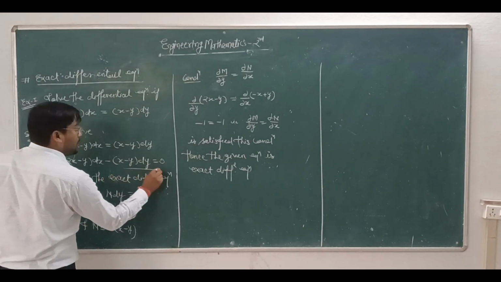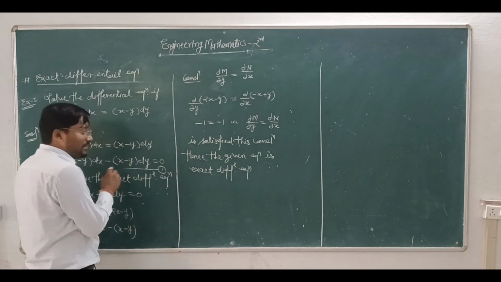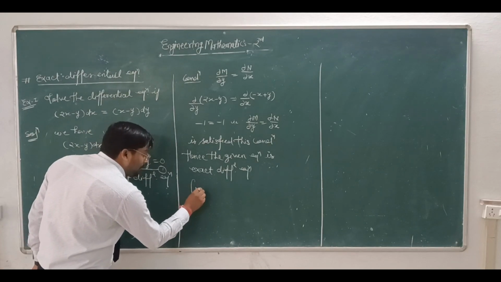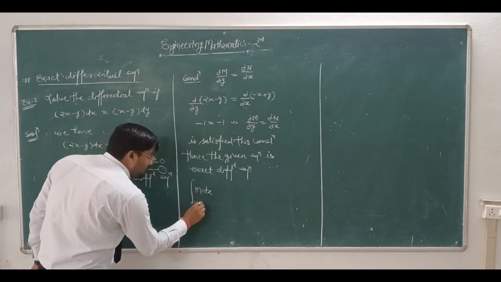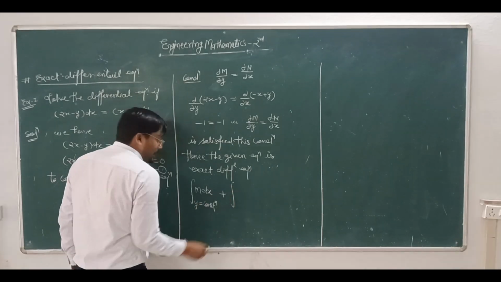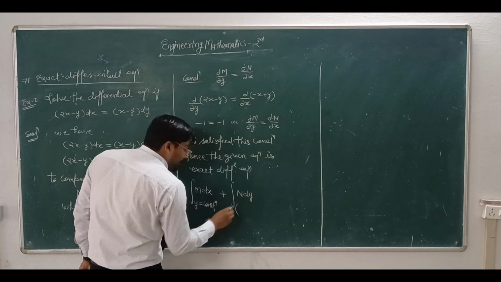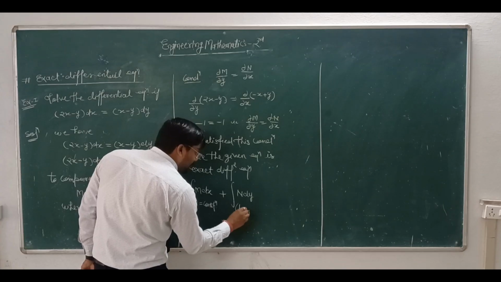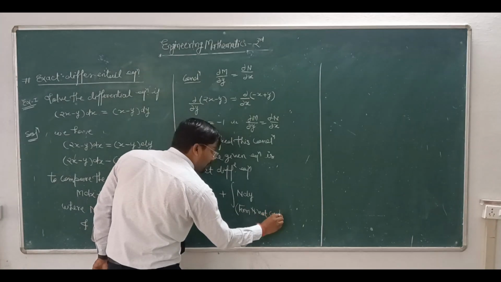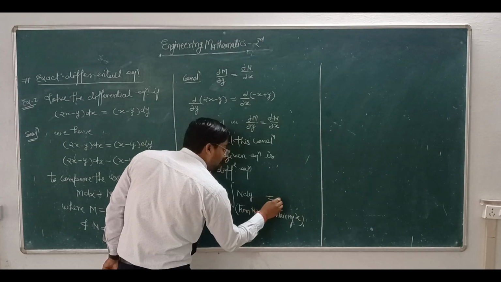Now this is equation number first. Now the solution of this differential equation: integral M dx, where y is equal to constant, plus integral N dy, where the term N not containing x, is equal to constant.